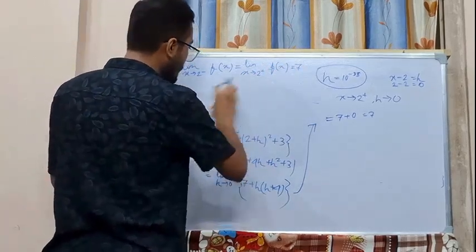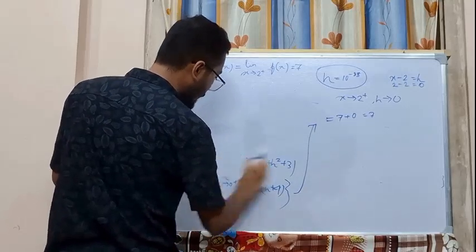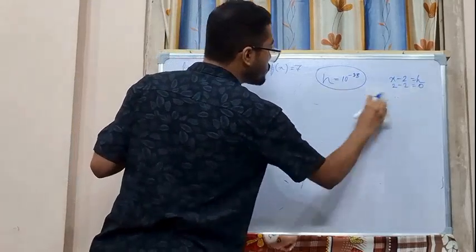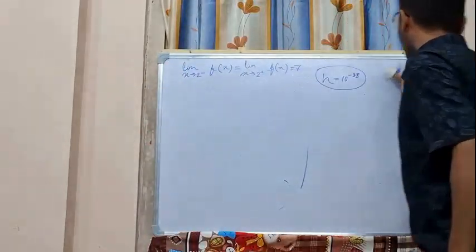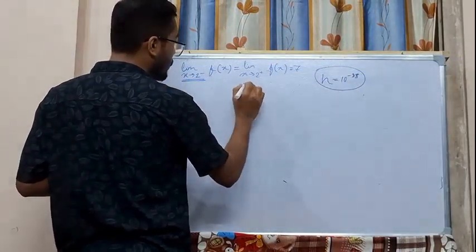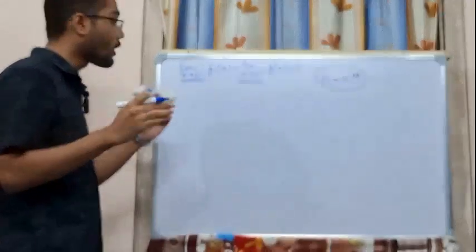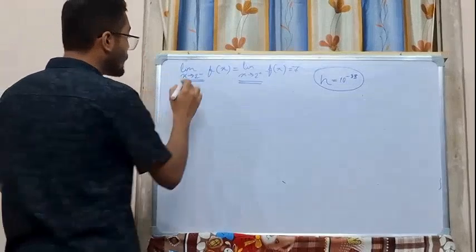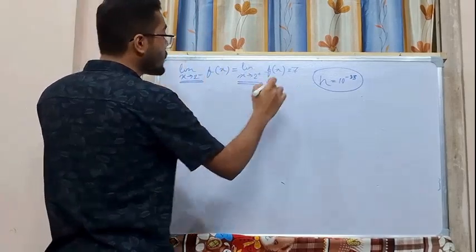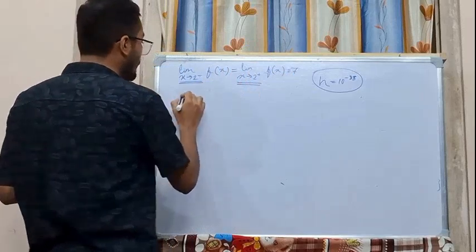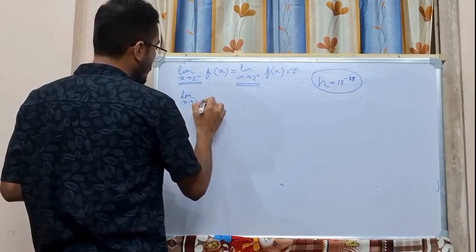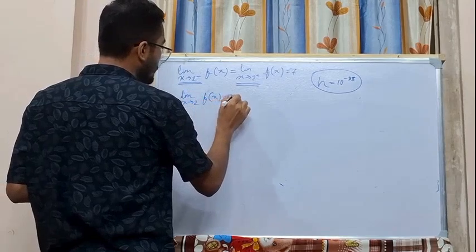When we find the negative approach of x, that means x approaching 2 from its left side, and when x approaches 2 from its right side, if both the limits from left side and from right side are equal, then we can write limit x tends to 2 f(x) is equal to 7.